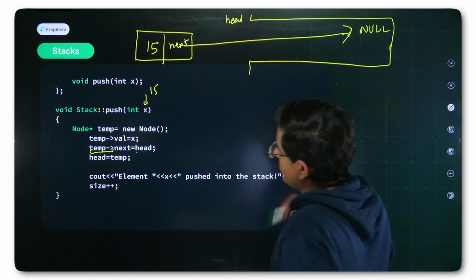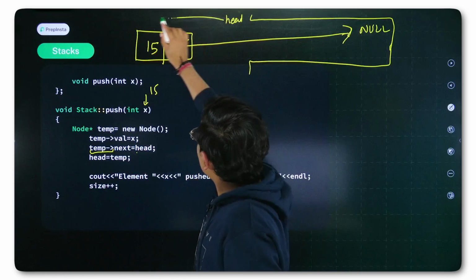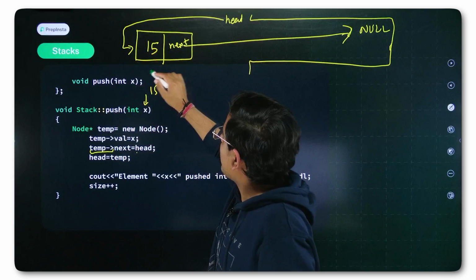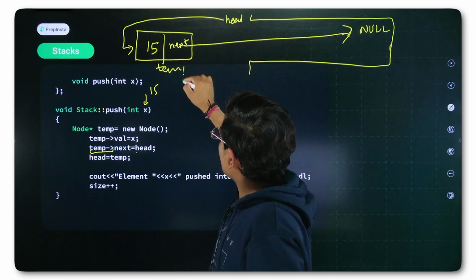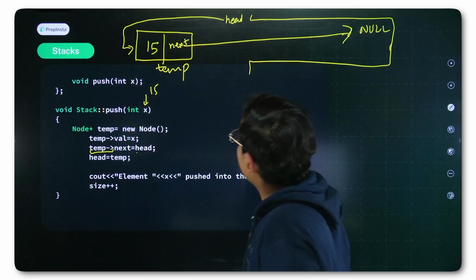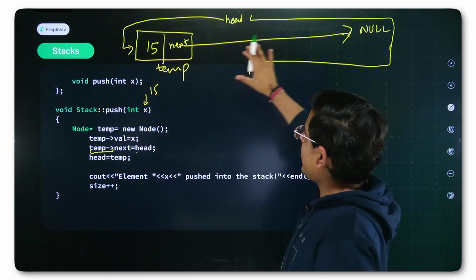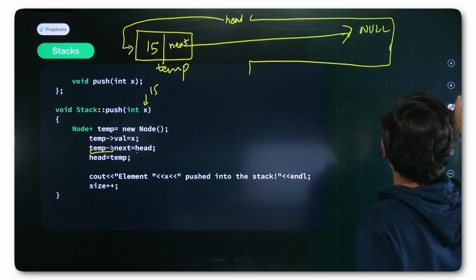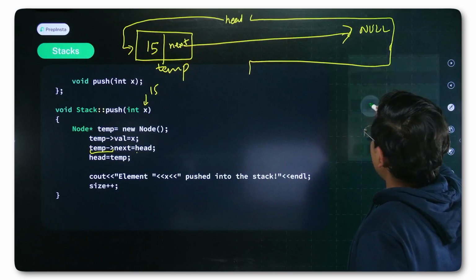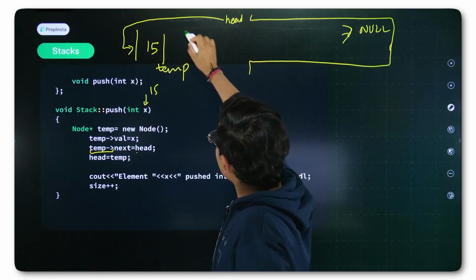And the head points to this particular temporary node. Now head points to this area. If I arrange this correctly, pointing to null means pointing to nothing, so I can literally store null here.